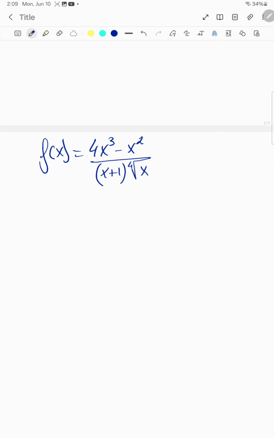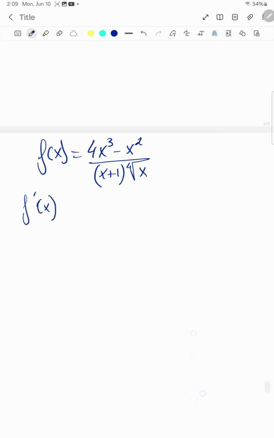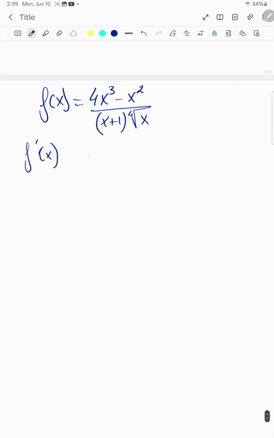Okay, and then we're going to calculate f prime of x, and this one looks like u divided by v.